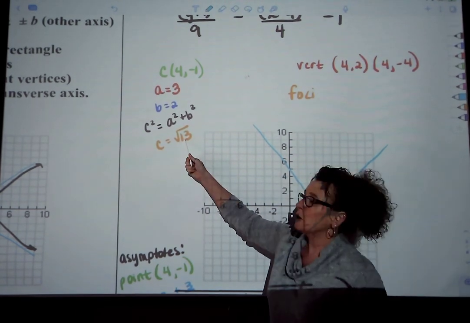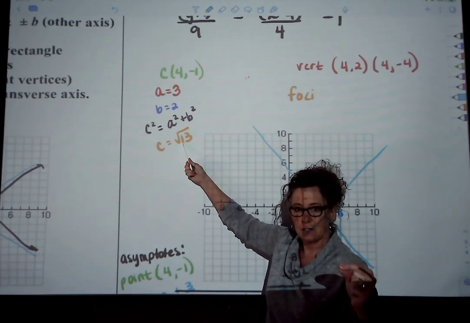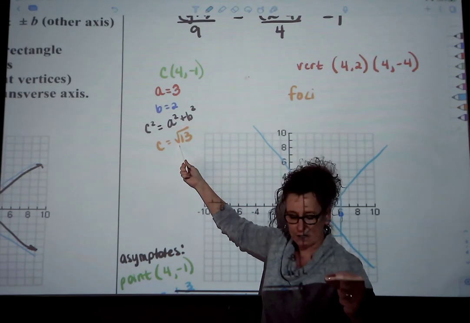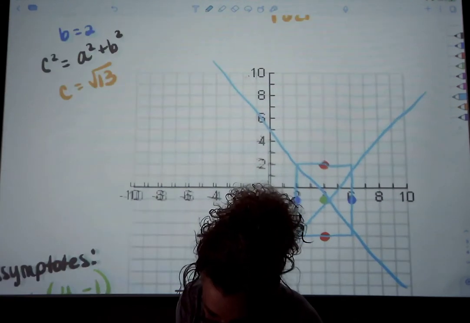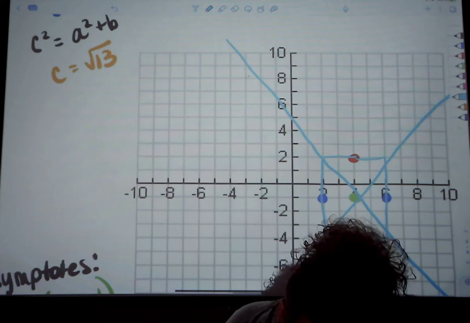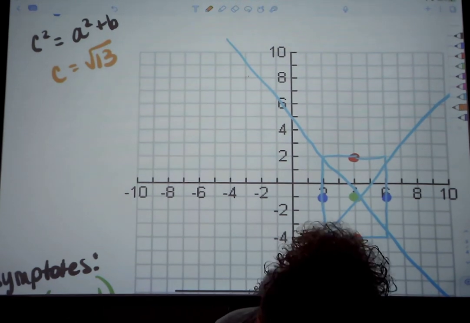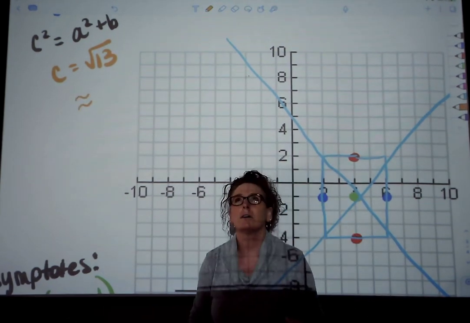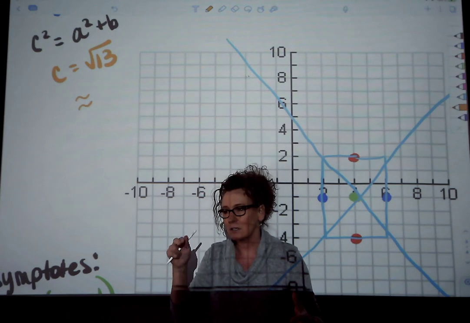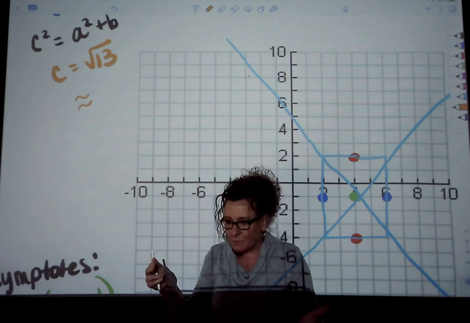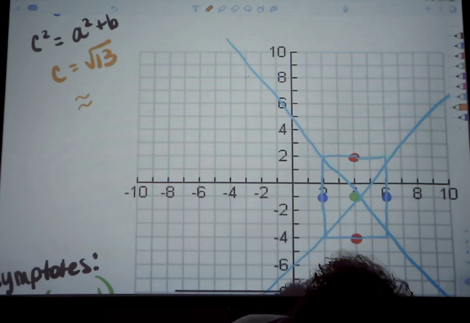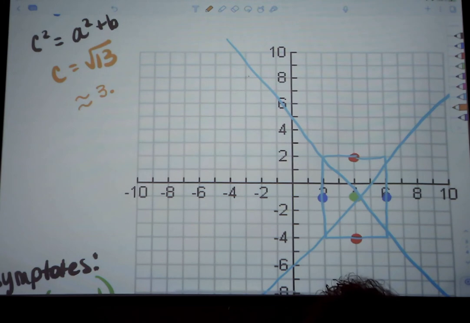Now, this is going to be a little bit of a challenge. Where are you going to put this? The square root of 13 is approximately, oh gosh, I don't know, 9, 16, 3 point something. 3 point, I don't know, 4.